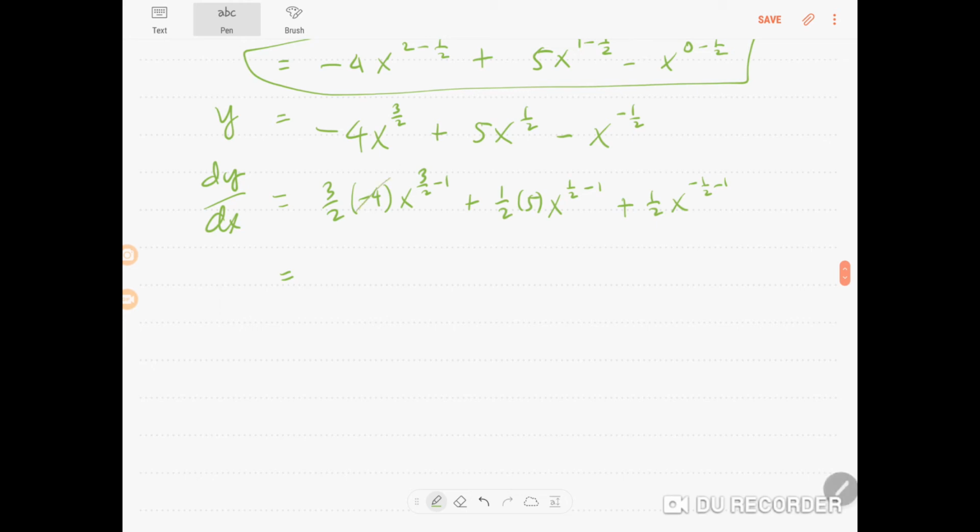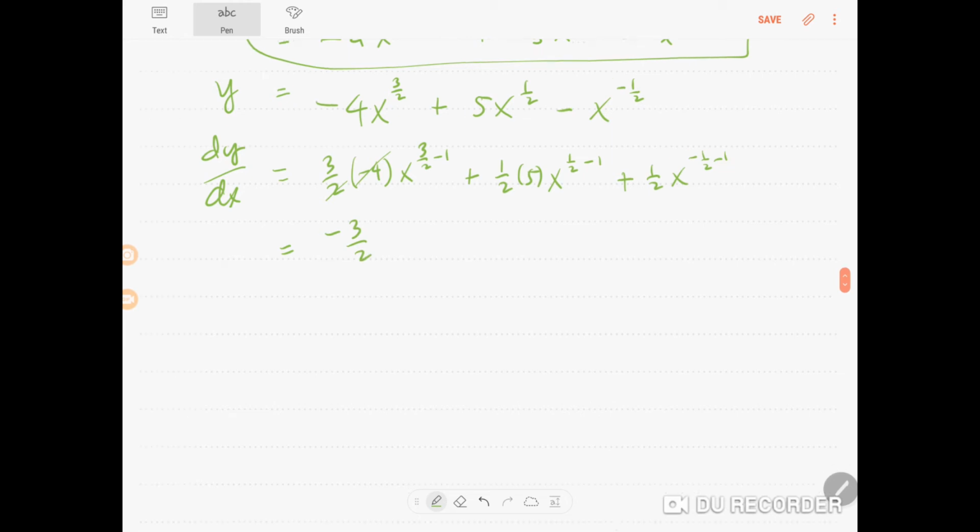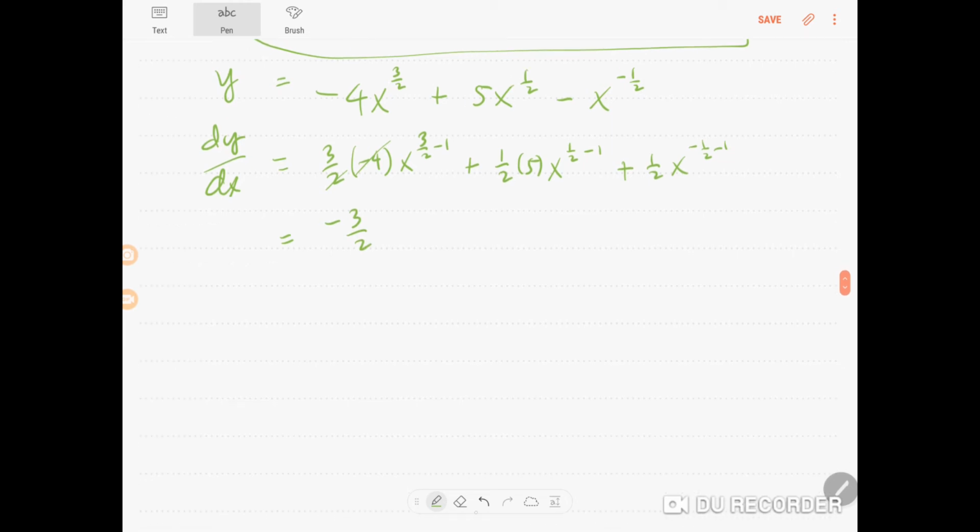In this case, I'm gonna simplify this. I'm sorry, this one I still have negative 2 there, so 3 times negative 2 is basically negative 6 x to the power of 3 over 2 minus 1, or you can say that this is 2 over 2, alright?